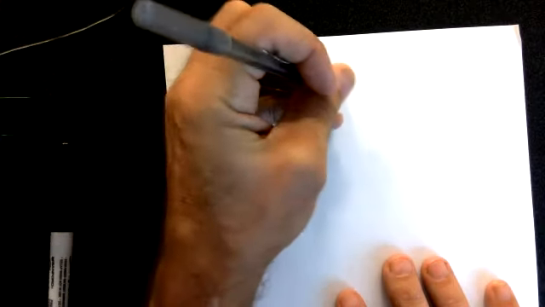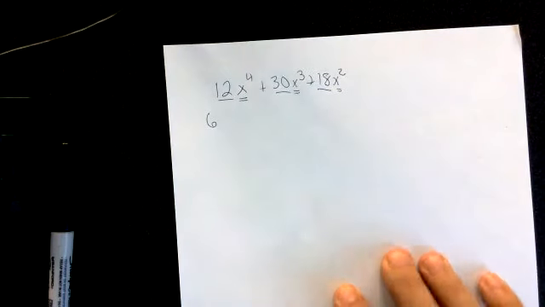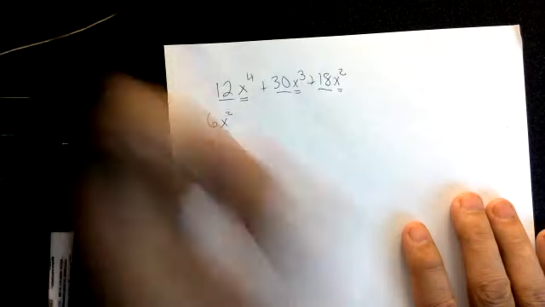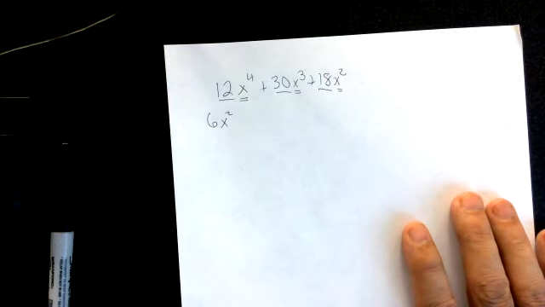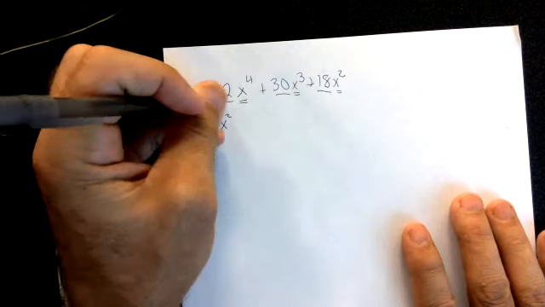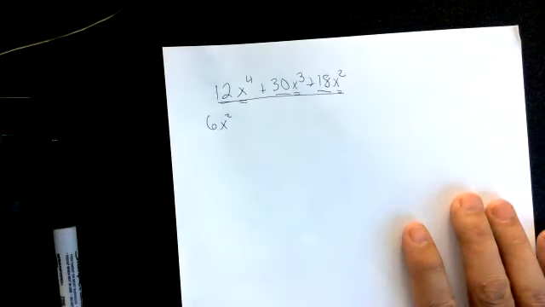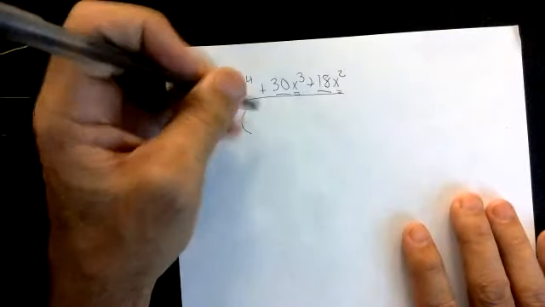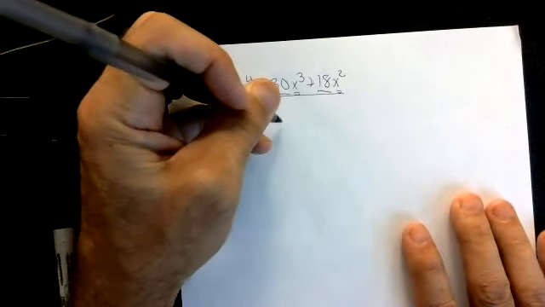And they all have x's, so I can factor out that smallest exponent. I can actually factor out an x squared. So if this is my original problem, 12x to the fourth plus 30x cubed plus 18x squared, I can factor out a 6x squared.